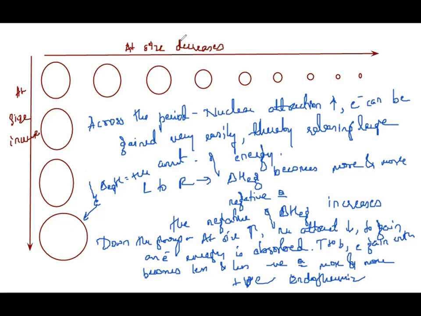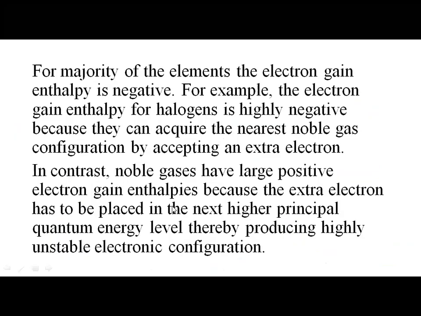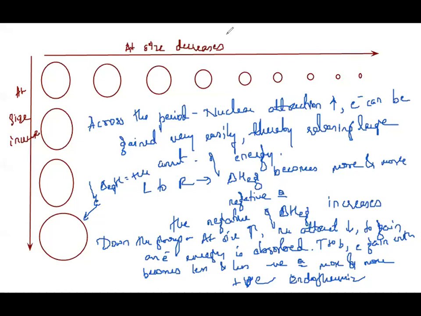So let us see what we have. For the majority of the elements, electron gain enthalpy is negative. For example, the electron gain enthalpy for halogens is highly negative. There is one more reason here. Why does it become negative? The first reason is the atomic size. What is the second reason?